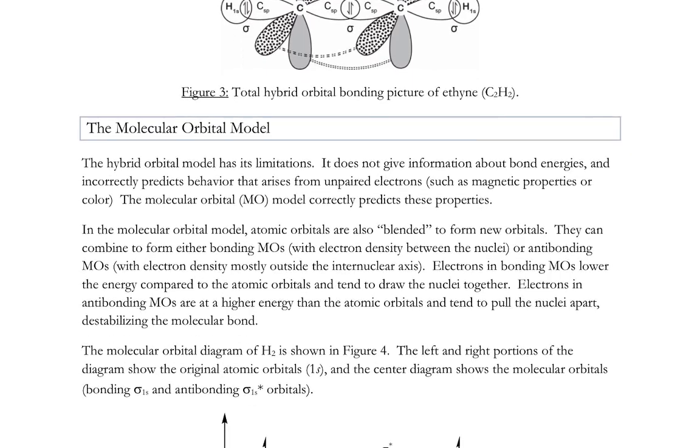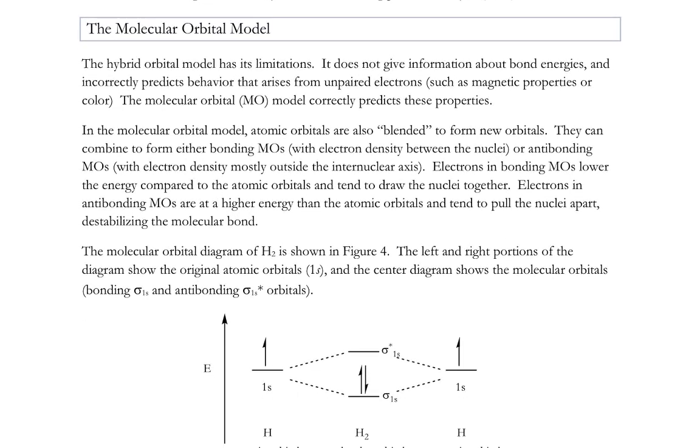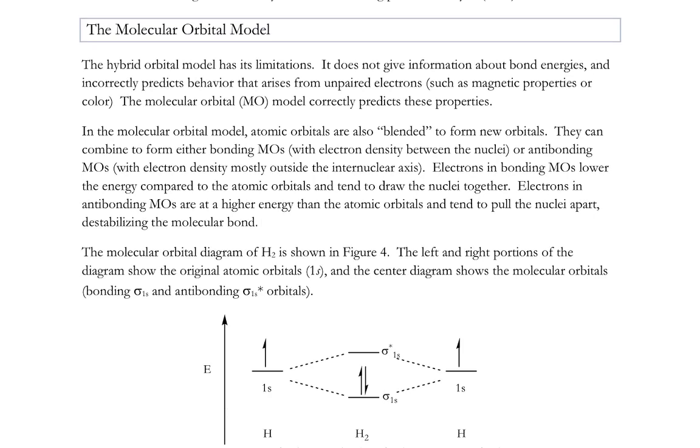The hybrid orbital model turns out to be very useful for rows 1 and 2 of the periodic table, and people do extend it and use it for other elements on the periodic table. It's very commonly used by organic chemists. It works well for them, predicting angles, predicting whether something can rotate about the bond.